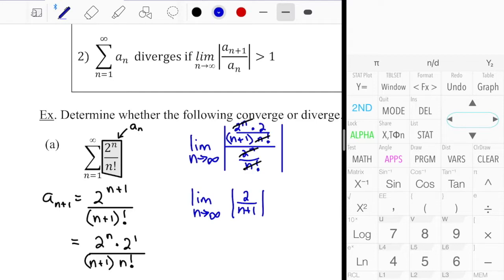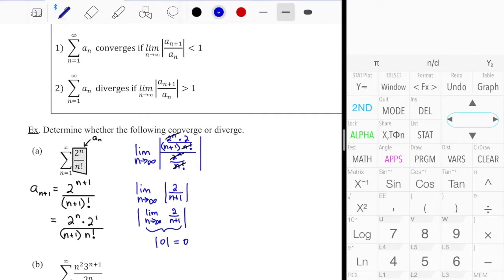That being said, you could rewrite it as the absolute value of the limit as n approaches infinity of 2 over n plus 1. Realize that this is 0 and the absolute value of 0 is 0, which is a number that is less than 1.